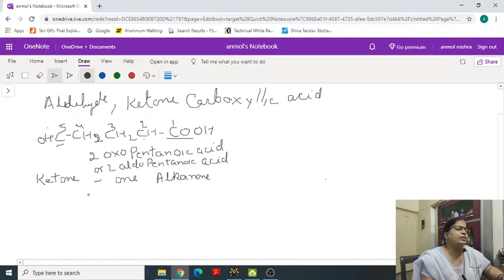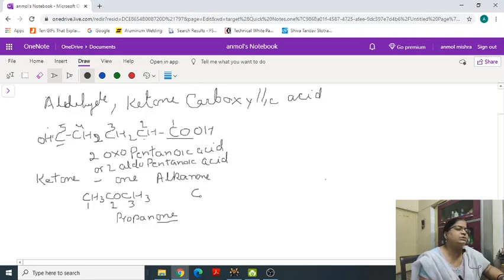Now, the simplest compound in ketone has 3 carbons, 1, 2, 3. So it will be propane, remove E and add suffix O and E, propanone. So it is the first member, and the CO is in the middle.